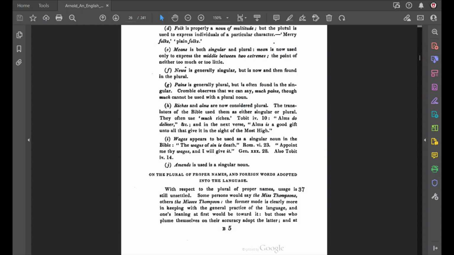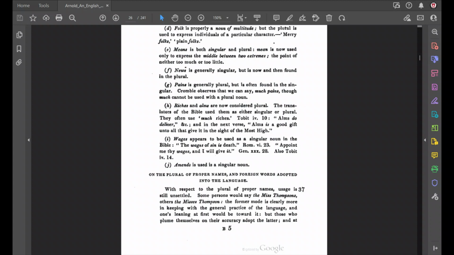So you'll read one writer and he'll express a proper name in the plural in one way, and you'll read another great writer and he'll express a proper name in a different way. So there's variation. The textbook reads, with respect to the plural of proper names, usage is still unsettled. That is, we see different uses in different writers.